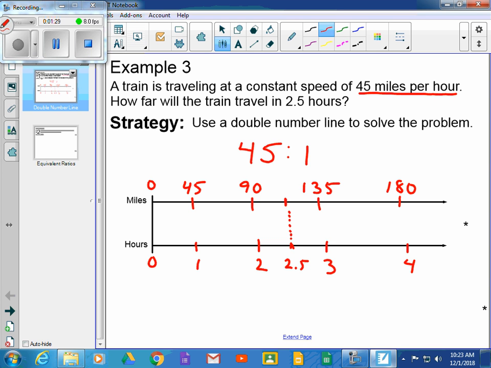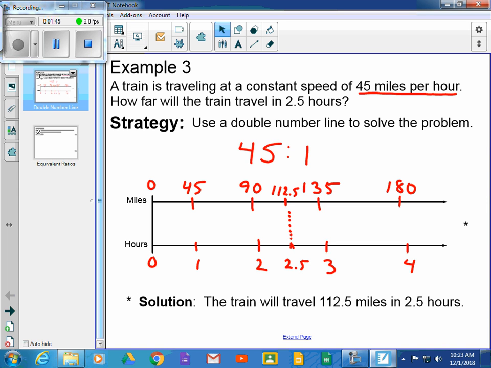Well, if I divide that by 2, that gives me 22.5, and I add that to 90, that gives me 112.5 miles. That tells me in the 2.5 hours, the train's going to travel 112.5 miles.